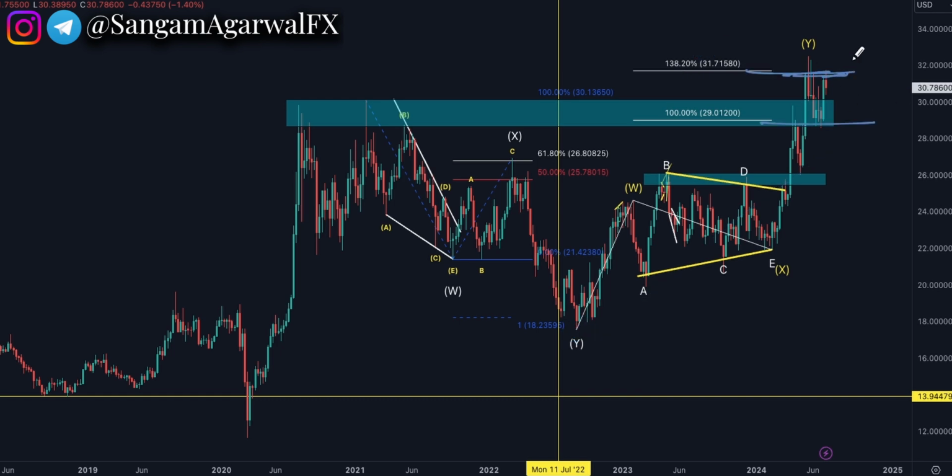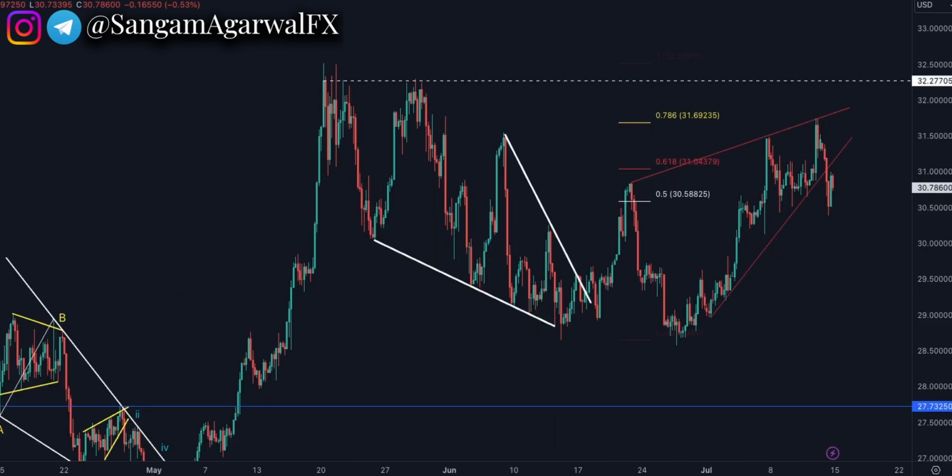So if this area does not break out, your 32 psychological level and 2400 in gold, then silver can go down again. From this bottom to top, the entire WXY wave is ending at the 38% projection. If you see the silver H4 chart, from this top to bottom, the 78% retracement is complete.